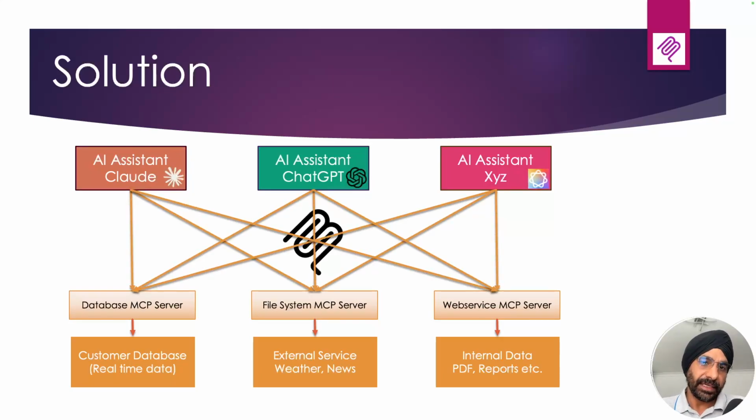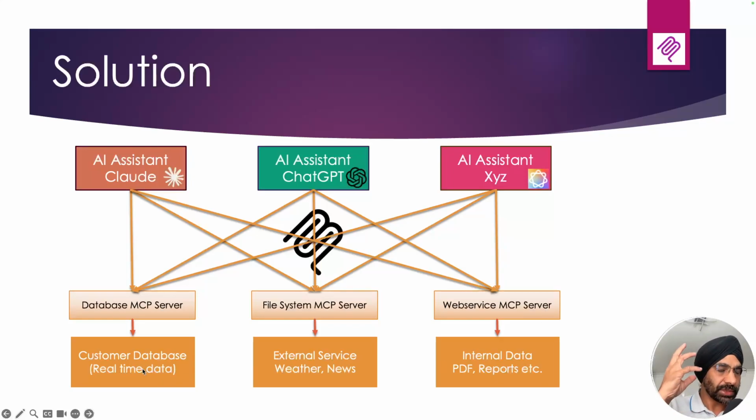Now, my integration has become super easy. Instead of my AI assistant directly talking to my database through one very specifically created connection point, I am now able to connect using the MCP server. So I can have n number of AI assistants or AI applications over here, and they can reuse the MCP server which I have created for my particular service.